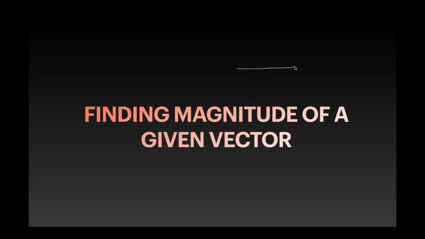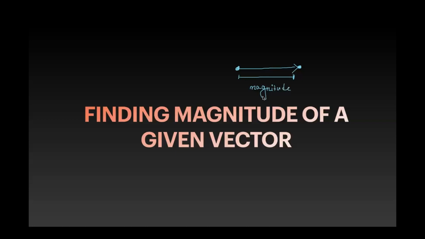Next, finding the magnitude of a given vector. Let us say you have a given vector and you want its length. The distance from head to tail is called magnitude.